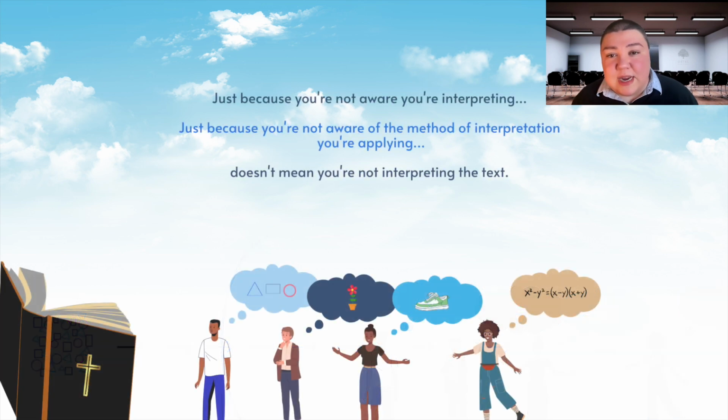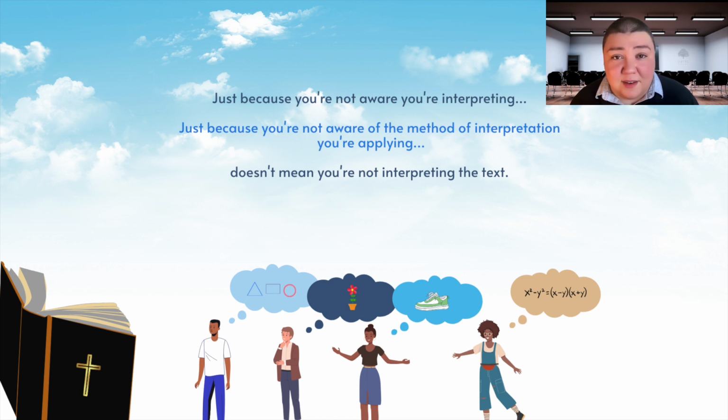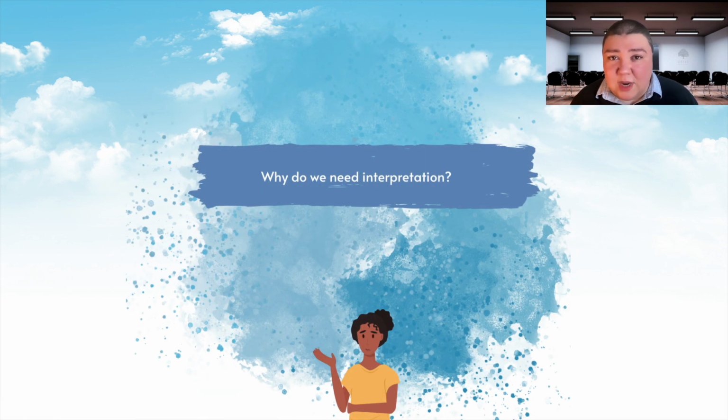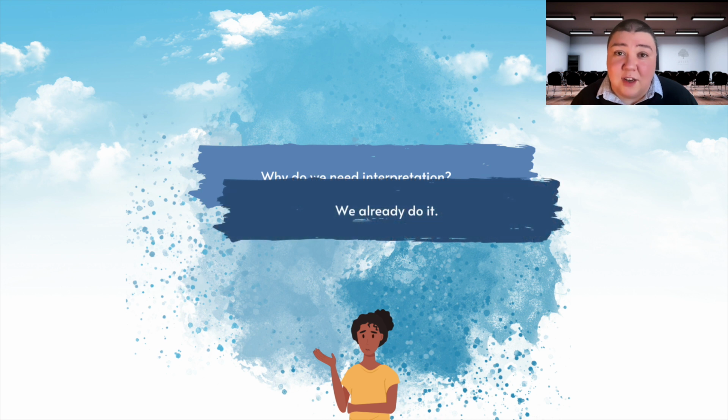And the point here is just because you're not aware that you're interpreting, just because you're not aware of the method of interpretation you're applying, doesn't mean you're not interpreting the text. We interpret all information whether we want to or not. The answer to why do we need interpretation is, well, we already do it.